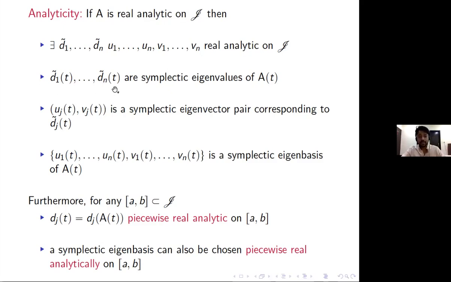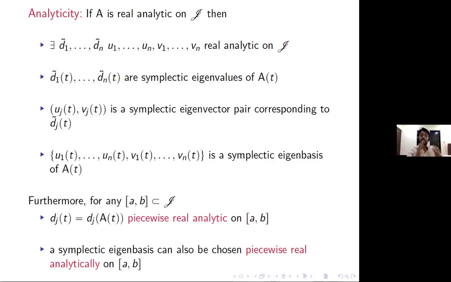Again, evaluated at t, these n numbers are the symplectic eigenvalues of A(t), and the pair of vectors (u_j, v_j) evaluated at t is a symplectic eigenvector pair corresponding to the symplectic eigenvalue dj tilde of A(t). And the set of these 2n vectors evaluated at t forms a symplectic basis. In fact, it's a symplectic eigenbasis of A(t) corresponding to these symplectic eigenvalues in this order, d1 tilde up to dn tilde.